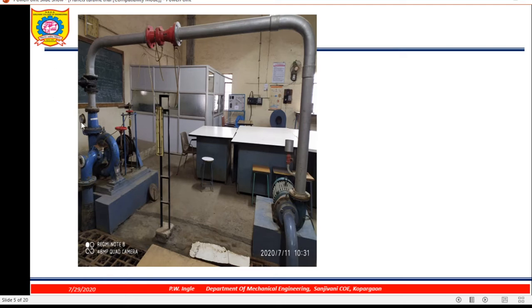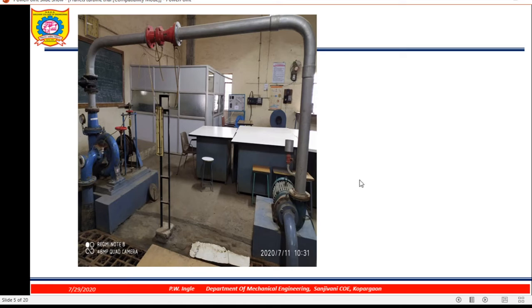This is P1 and this is P2. To record the venturimeter reading there is also a mercury gauge, and here also one manometer is provided to know P2, because there is always a pressure difference between P1 and P2. Using that you can calculate head H. H is nothing but P1 minus P2.